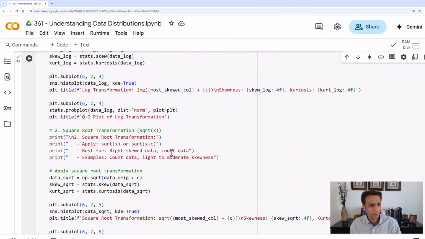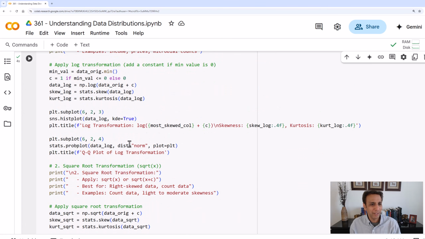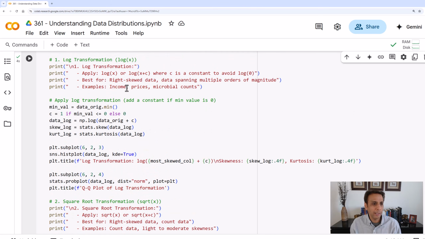Okay, so for whatever reason, my code jumped. So let me go ahead and find where we were. Yeah, applying log transformation. This is our original data, and I am just applying log. Log is available in multiple libraries. I'm just using numpy.log, and that's it.